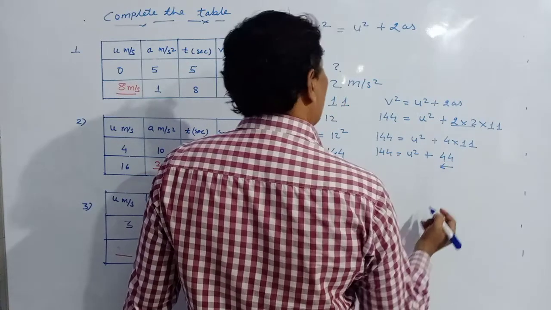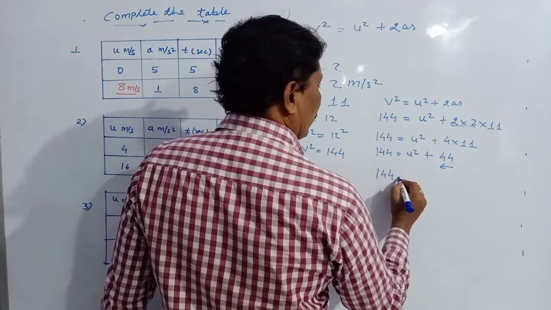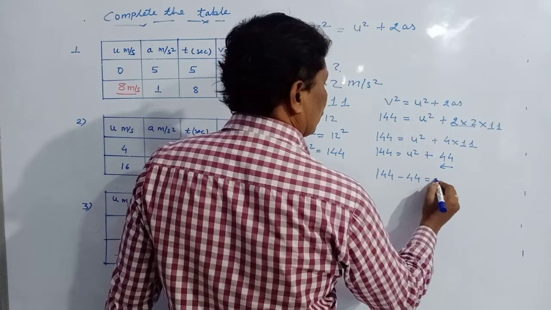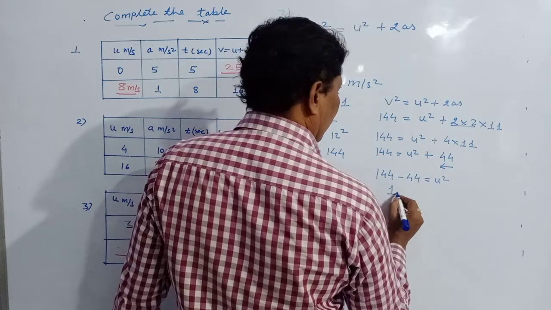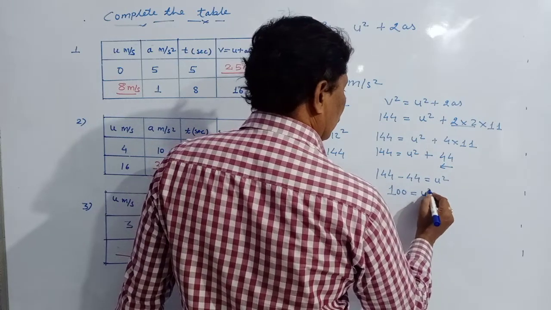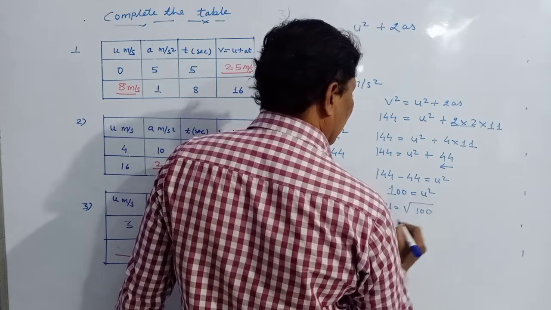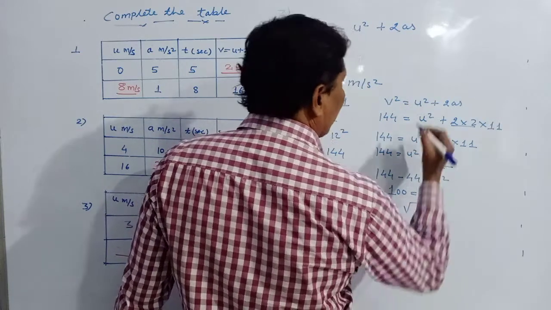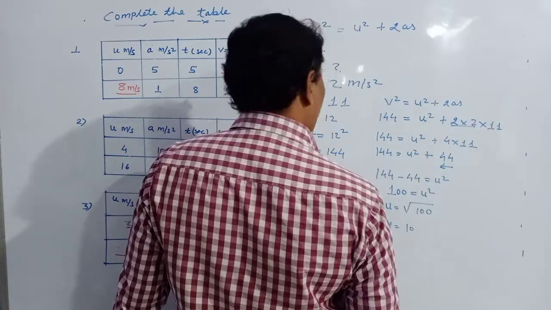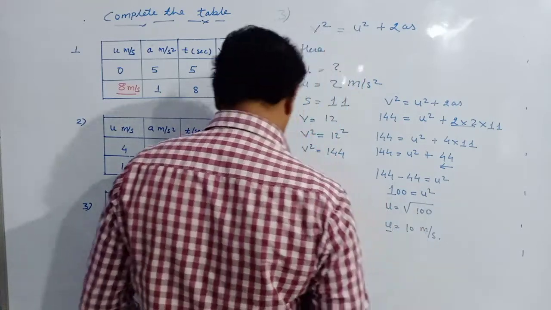Now we will take 44 to the other side of the equation. 144 minus 44 is equal to U square. 100 is equal to U square. U is equal to under root 100. So U is equal to 10 and the unit of initial velocity is meter per second.